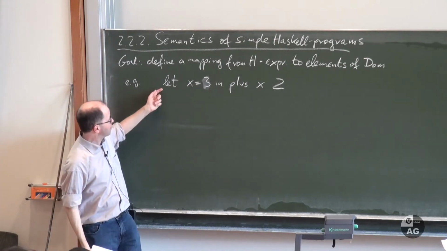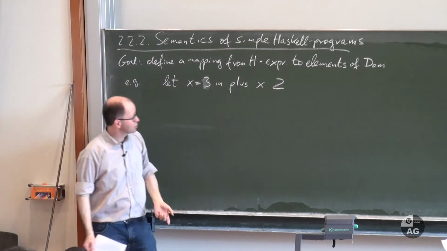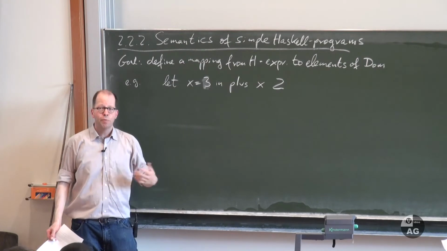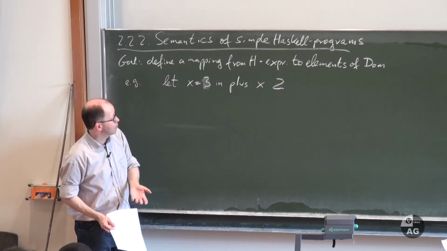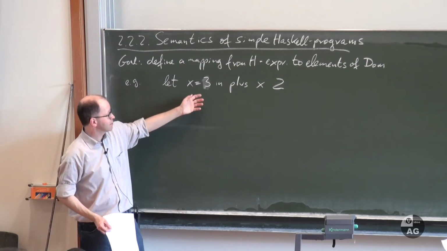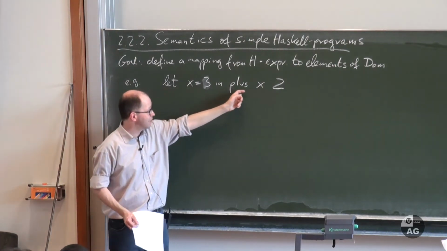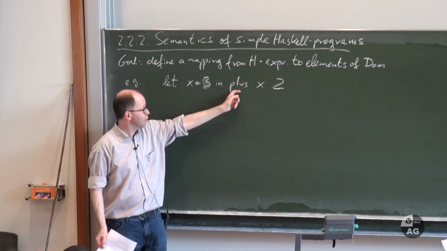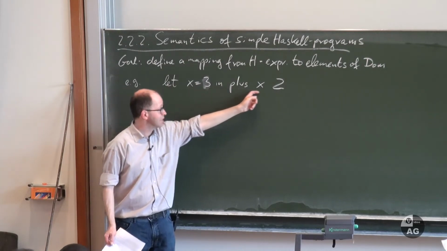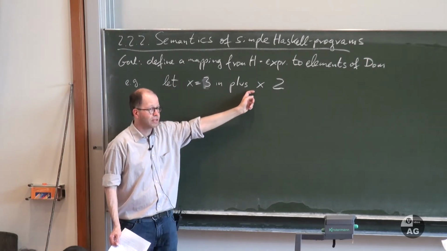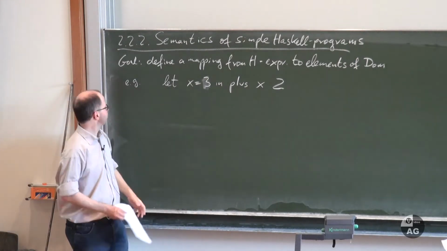So in order to define a mapping from such a complicated expression, we will try to deconstruct this complicated expression and look at sub-expressions, and then probably look at the sub-expression plus x 2 and check, well, what will be the meaning, what will be the semantics of plus x 2, and from that we can then construct the meaning of the whole expression.